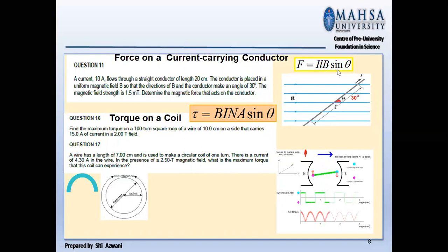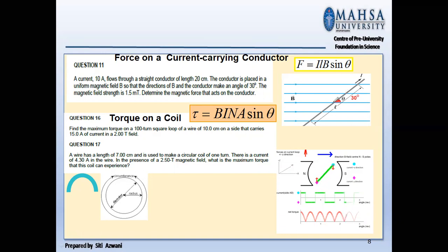So refer back to your question here. You have an angle: the direction of B and the conductor makes an angle of 30 degrees. So where is your 30 degree? Refer to this figure. The 30 degree is from B to the conductor.